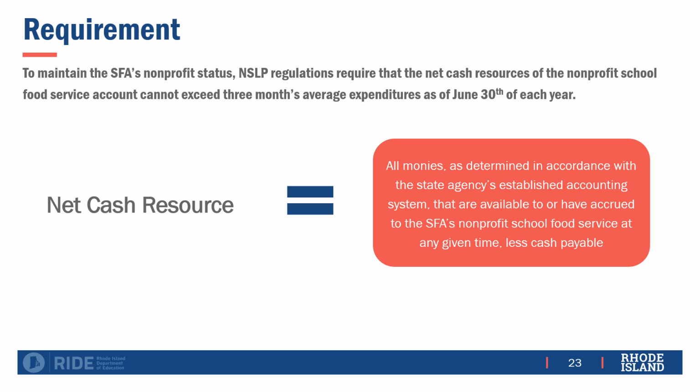When we use the term net cash resource, we are referring to all monies that are available to or have accrued to the SFA's nonprofit food service account at any given time, less cash payables.